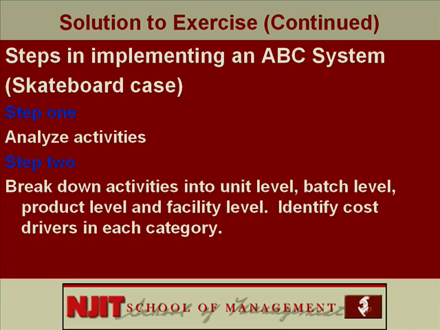For example, purchasing, then production, which includes warehousing, then for cutting, gluing, setting up molds, painting, assembly, marketing. For each activity, state which you think is where you categorize it, unit, batch, product, or facility, and then identify the cost driver. Go ahead and stop this presentation while you're doing that.